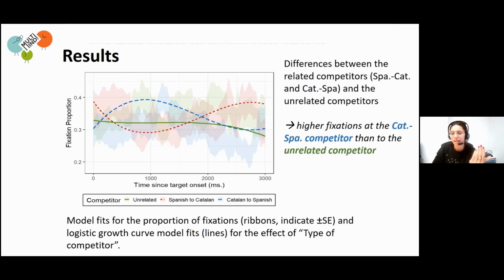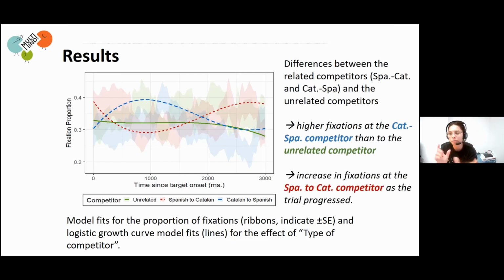And when comparing fixations between the Catalan to Spanish competitor and the Spanish to Catalan competitor, as we can see in the figure, initially fixations were higher for the Catalan to Spanish competitor.